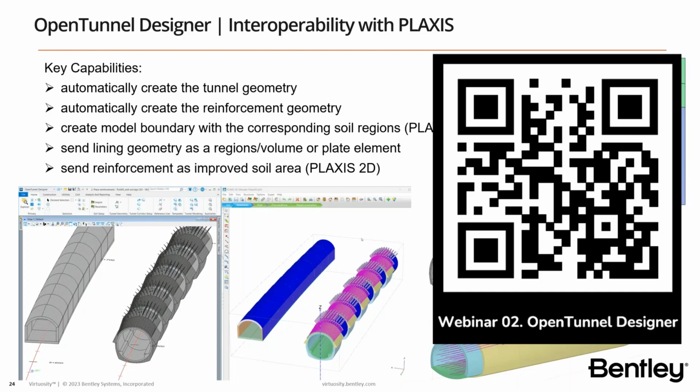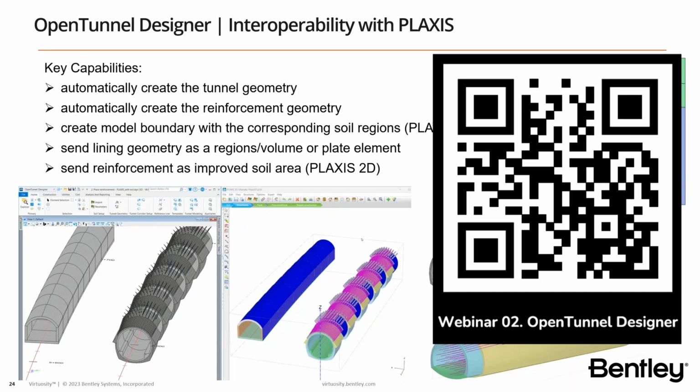It all depends on how the user has created his tunnel template, basically the geometry. We cannot say that this is 100% fail-proof. It all depends on how you are defining your template. If you are creating very small overlapping geometries in OpenTunnel, because we can create those, when you send that information to Plaxis, for sure that will give you issues with intersecting solids, with meshing, and so forth.